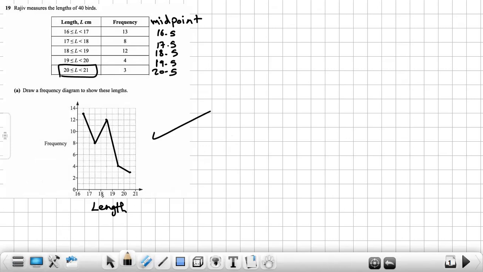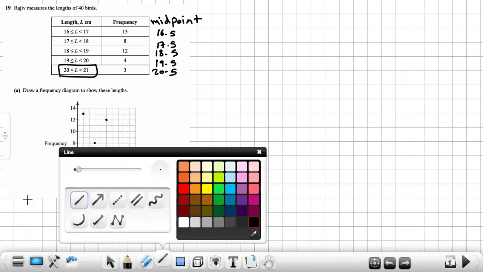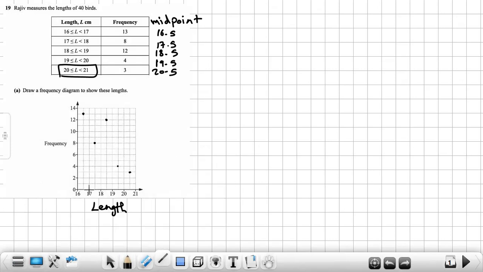Someone might say, I want to draw a bar graph. Not a problem at all. You can do that. A bar graph. Look at that. From here, you go all the way up from 16 to 17 until here, and so on. From 17 to 18, you come here, and so on.